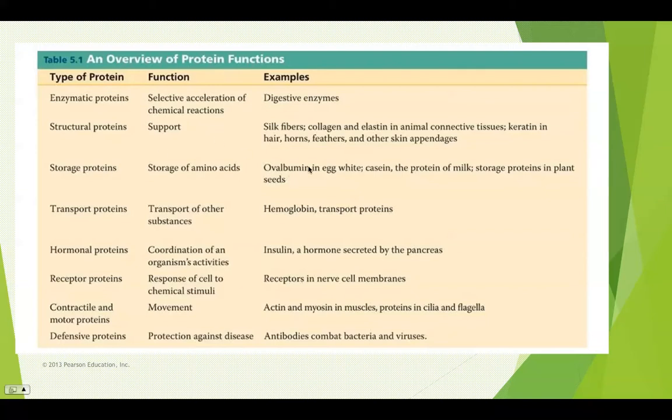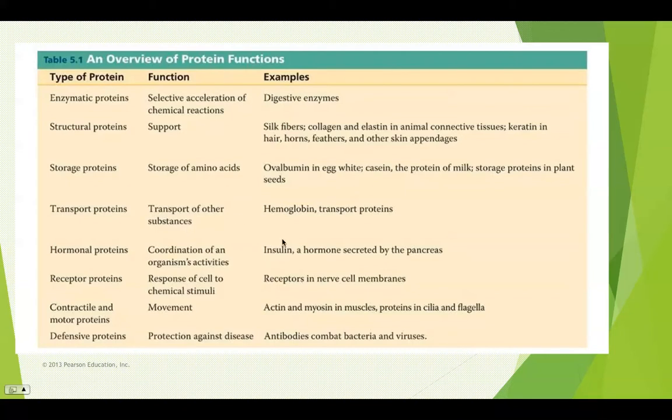Storage proteins, here's your examples here. Transport proteins, things like hemoglobin or other proteins that transport substances in our bloodstream. Hormonal proteins. Now, there are some of our most powerful hormones, and actually all of them are powerful. I mentioned before steroid hormones. There are other hormones that are based on proteins, things like adrenaline or insulin.